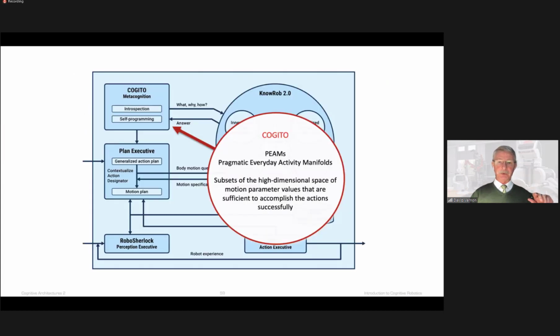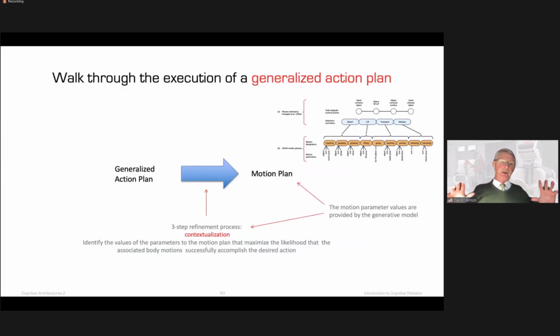Where have I gone to? I've gone to here. Okay, so the next phase of this afternoon is to walk you through the execution of the Generalized Action Plan, to try and bring some life to these modules and components that I've talked about.